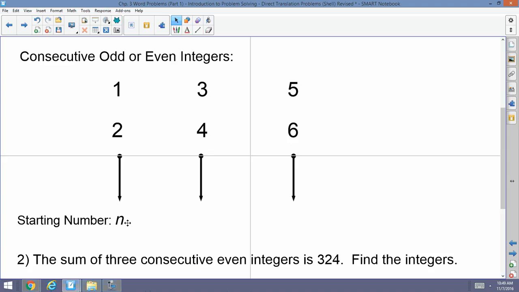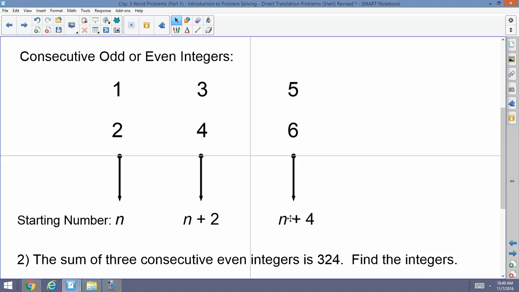So for odd or even consecutive integers, I go from my first term to my next term by adding 2: n plus 2. How did I get from 1 to 5, y'all? And how did I get from 2 to 6? So what did I do to any odd or even number to get to my third consecutive integer? I'm adding 4. So for odd and even consecutive integers, I'm going n plus 2, n plus 4, n plus 6, n plus 8, n plus 10.